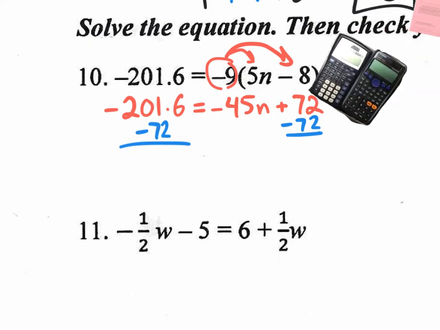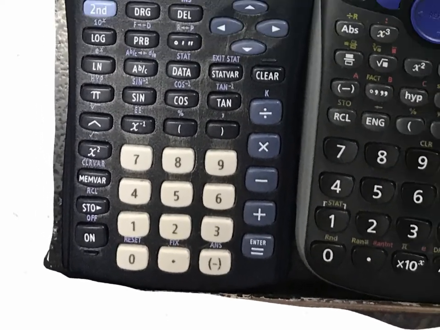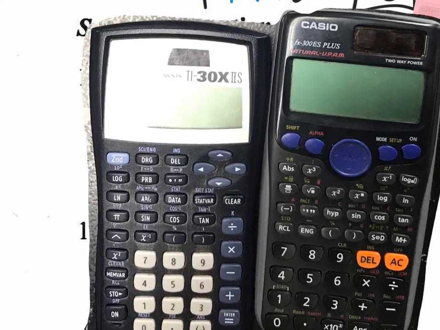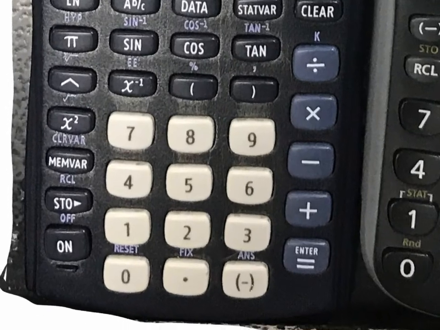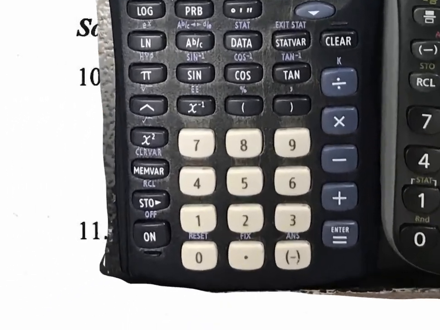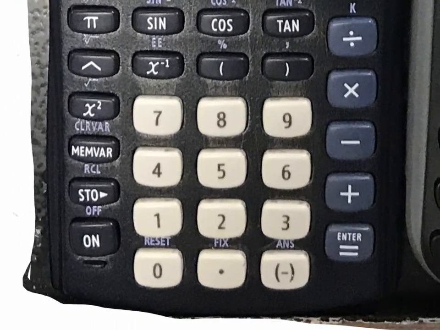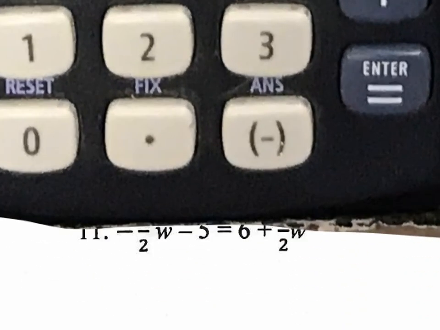Now, this is why I took a picture of the calculators, because on the Texas Instrument, guys, pay attention, because if you're using the Texas Instrument, if you want to type in negative 201.6, you are not going to use the minus sign. It won't read it as a negative. On the Texas Instrument, the negative sign is down here.